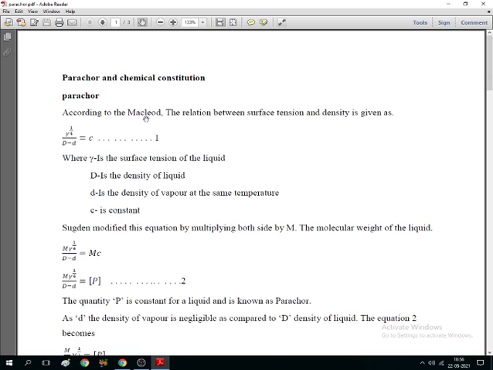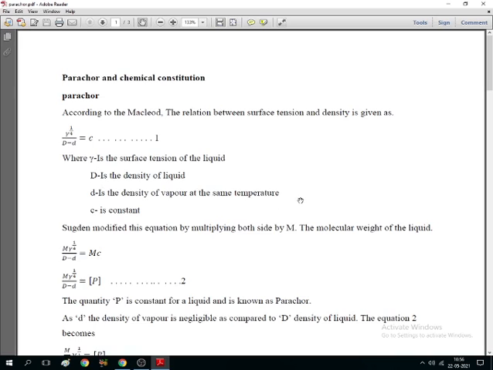According to Macleod, the relation between surface tension and density is given by this equation, where gamma raised to power 1 by 4 divided by capital D minus small d is equal to C. This is equation number 1, where gamma is the surface tension of the liquid, capital D is the density of the liquid, and small d is the density of vapor at the same temperature.